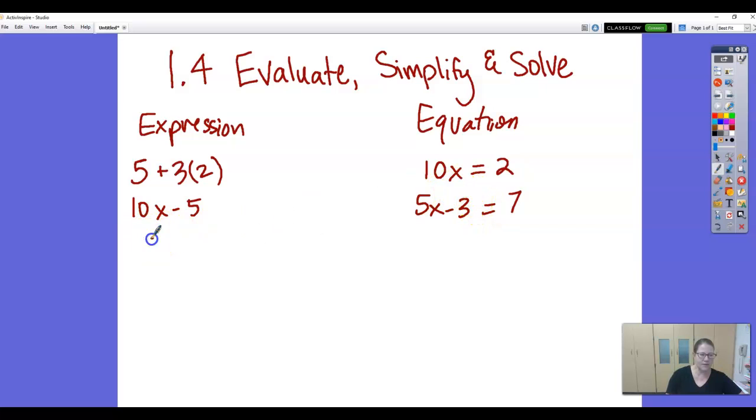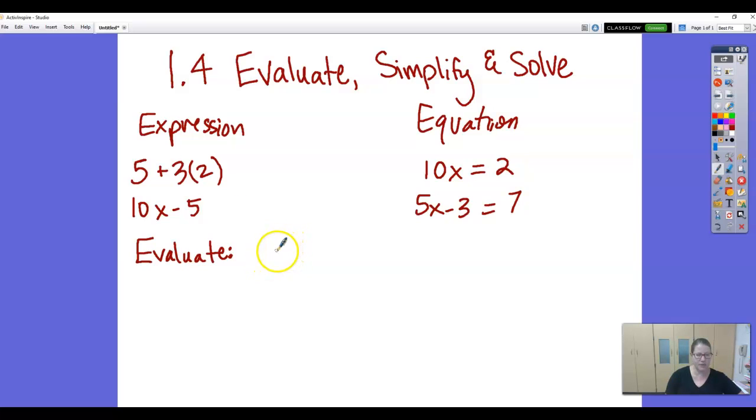So if we're asked to evaluate an expression, first of all, we're going to be looking for an expression. Second of all, it's going to tell you what the variable in the expression is.